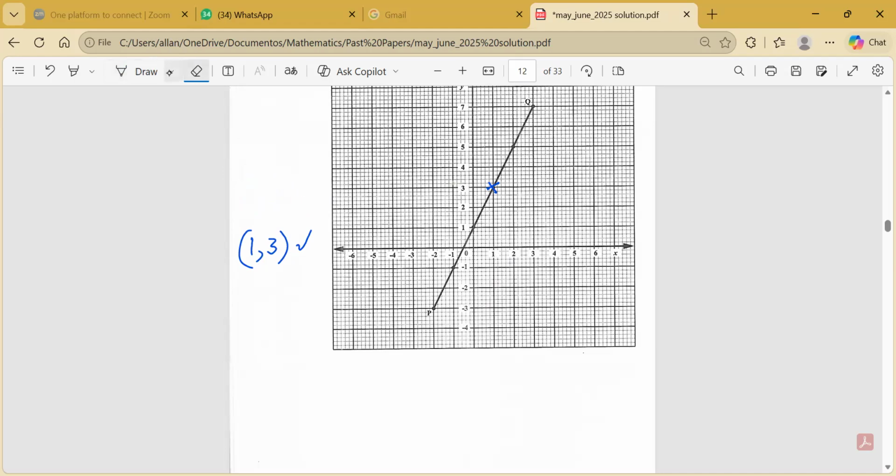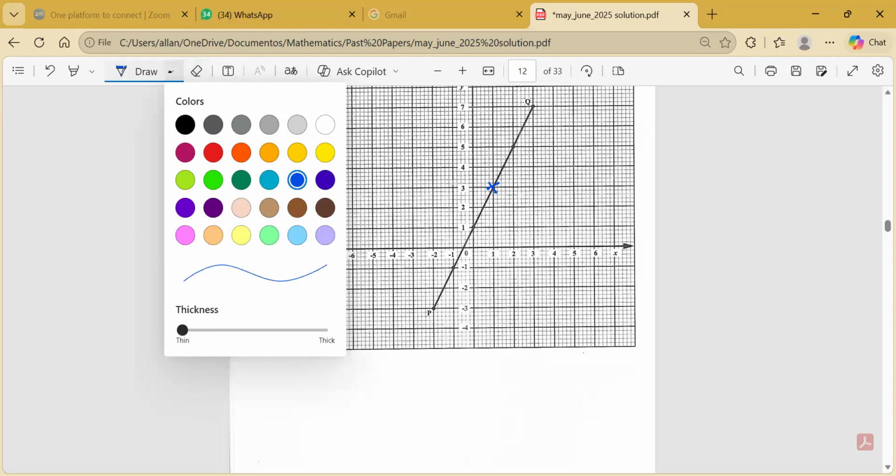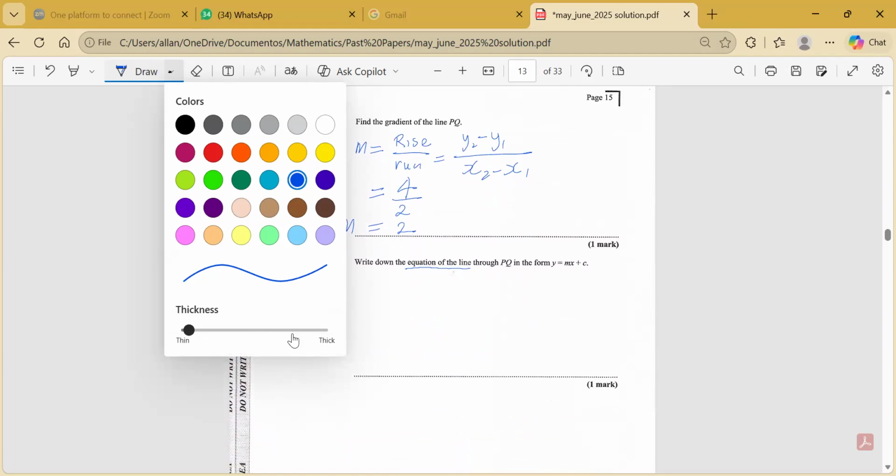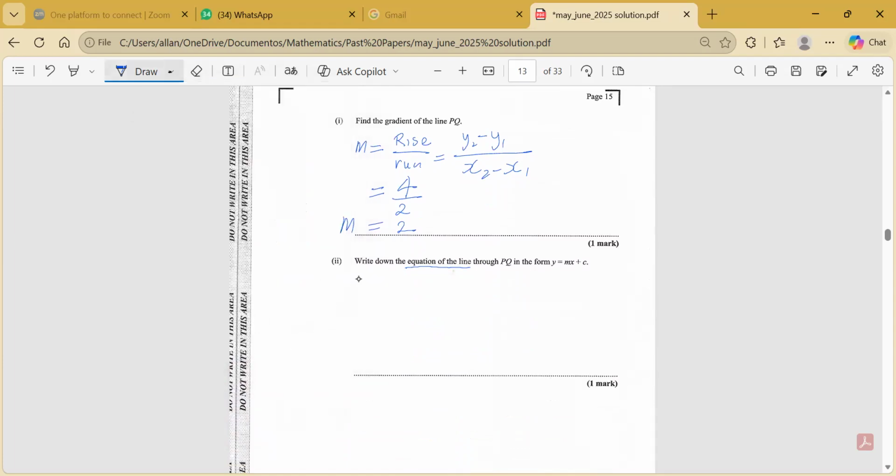So we're using 1 and 3 to get our value. We're using the point 1 and 3, so 1 on the x, 3 on the y. It's an x and y value. So you're writing y equals mx plus c. We already know what m is. I want everybody to give me the equation of the line. You have 1 minute.